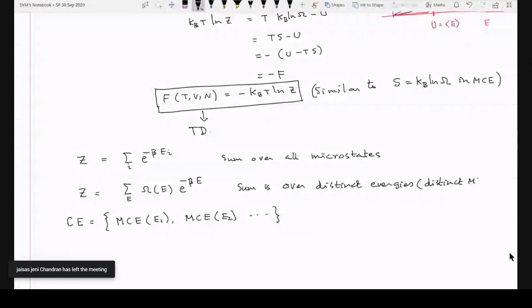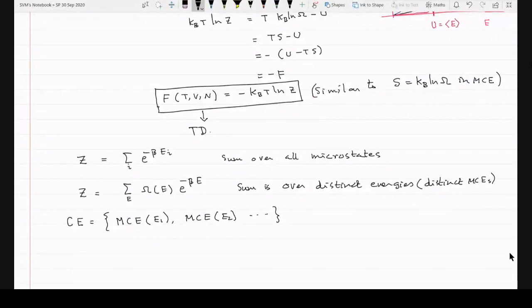So essentially, a canonical ensemble can be partitioned into different microcanonical ensembles. And for each microcanonical ensemble, the number of microstates is given by that. And that much you weight with the Boltzmann factor and then take the sum over all those distinct energies, you get the partition function.